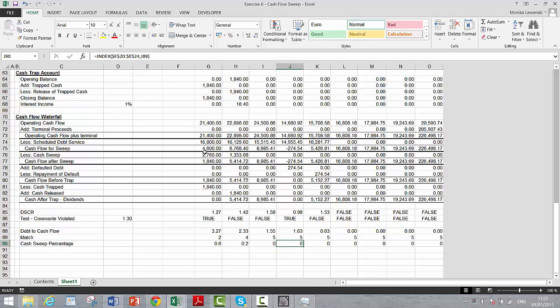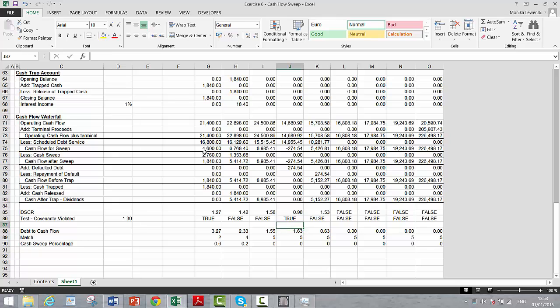Then our cash sweep went to 0, but we had a default on the debt because even though the debt wasn't so much, there was still the debt service, and that's when our cash flow had a big crash.